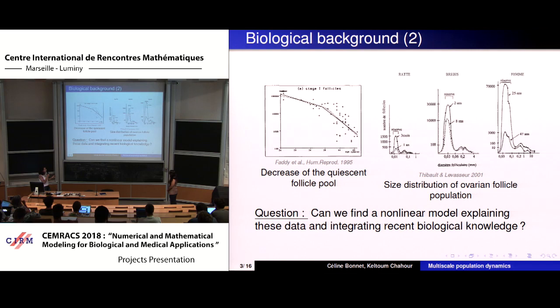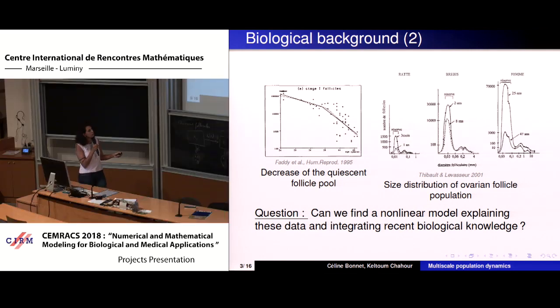First, the preservation of this profile according to age. For example, for the human female, we have the same profile at different ages. And second, the decrease in the total number of follicles with age. So when the age is higher, we have a decrease in the number of follicles, which is quite normal.